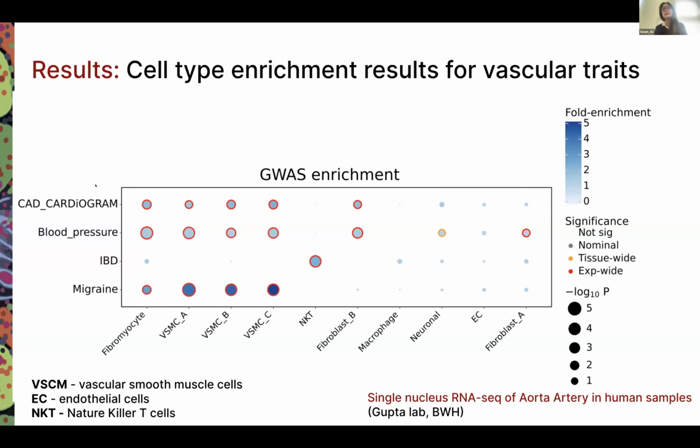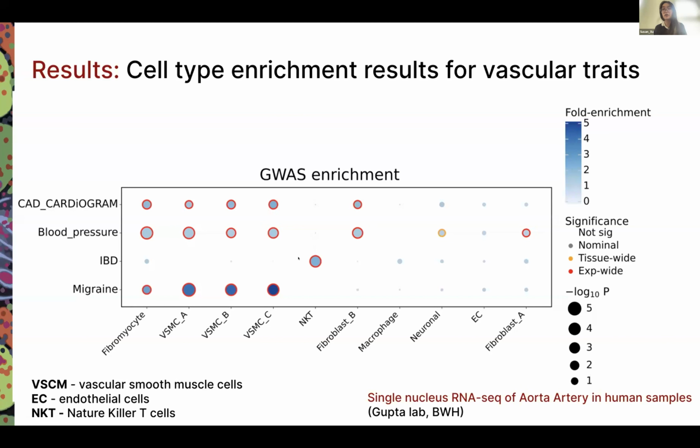So for example, you can see that here, coronary artery disease is found to be enriched in fibromyocyte and those 3 different kinds of vascular smooth muscle cells, and also one of the fibroblast cell types. Blood pressure is enriched in not only those cell types, but also another type of fibroblast. And migraine is only enriched for those 4 cell types. So we can sort of see a variation across these different GWAS loci.